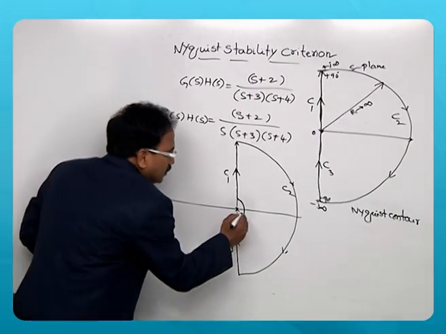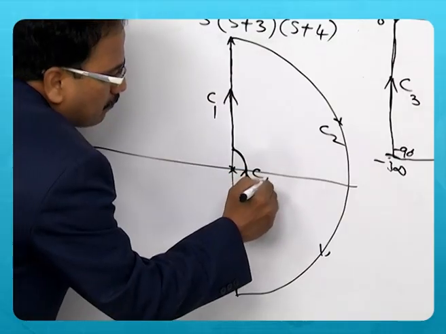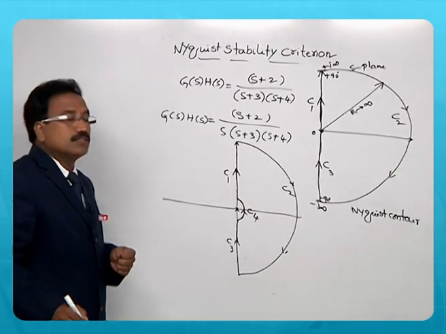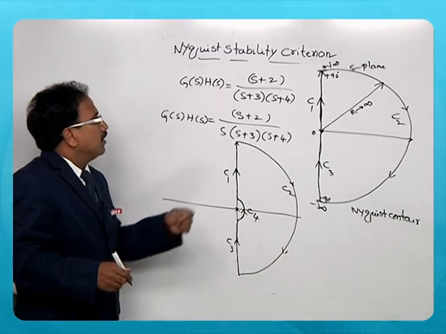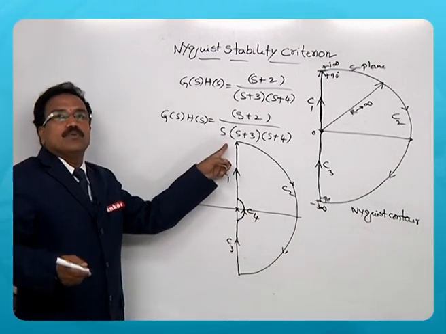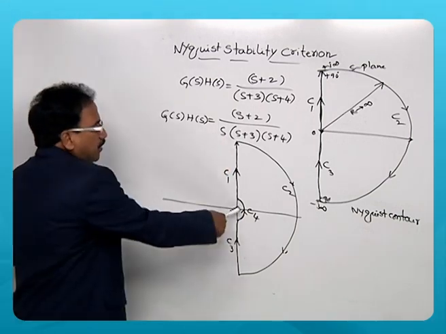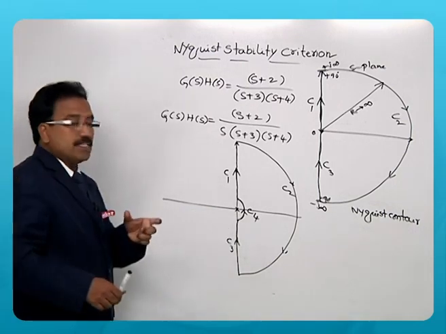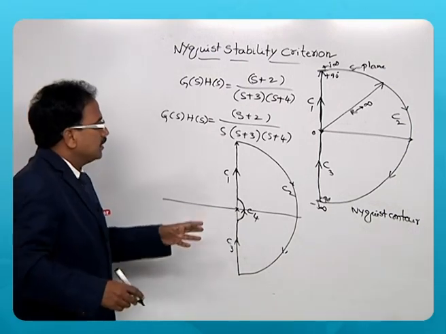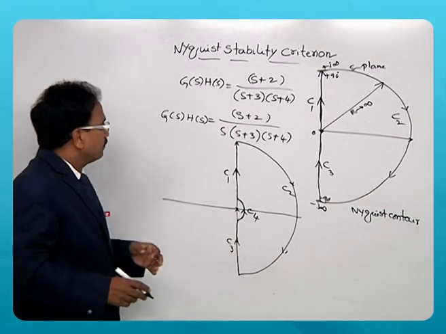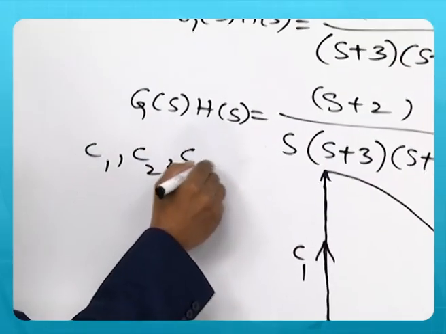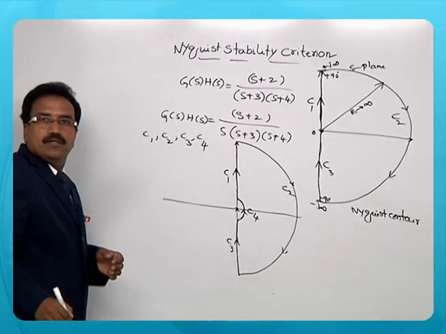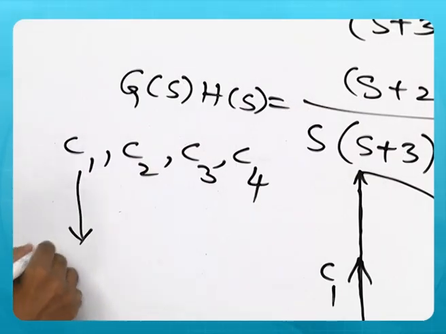The fourth section is this one, C4. So there are 4 sections. If you find 1 pole or 2 poles or 3 poles at origin, we must bypass it and consider that portion as C4 in the Nyquist contour. So there are 4 sections now: C1, C2, C3, C4. Mapping of C1 is nothing but the polar plot.